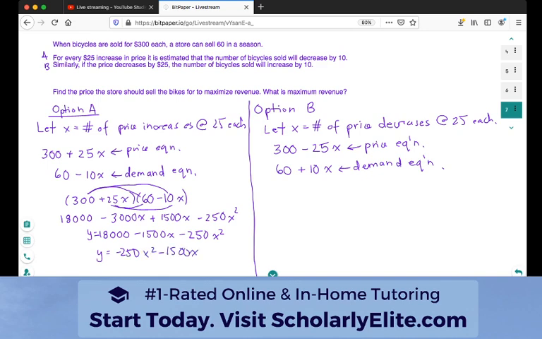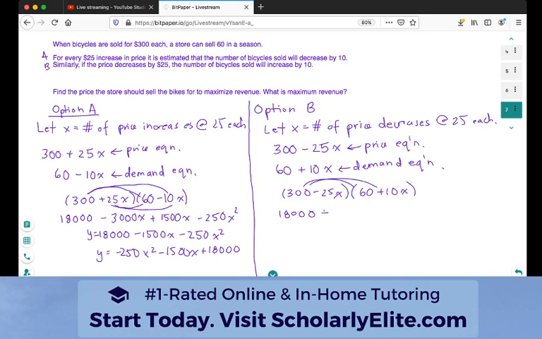All right, guys. X plus 18,000. So let's go ahead and do that on this side as well. So we've got 300. Oh, sorry, my bad. Should be minus 25x. And then we've got 60 plus 10x. And then those numbers should come out interestingly similar in some ways.